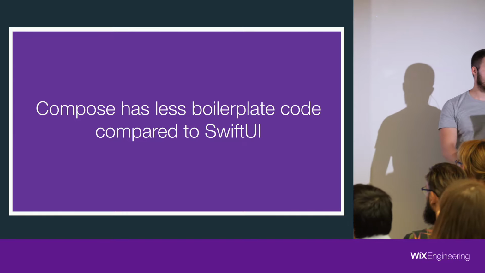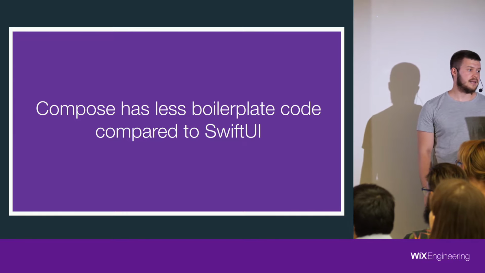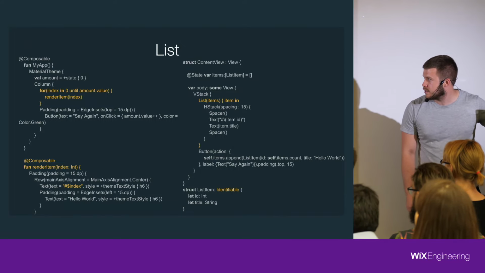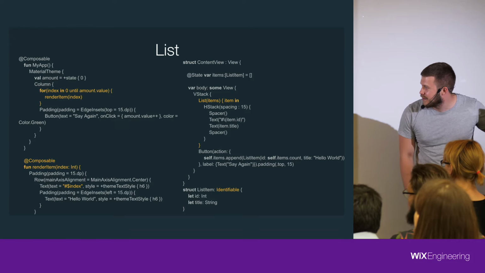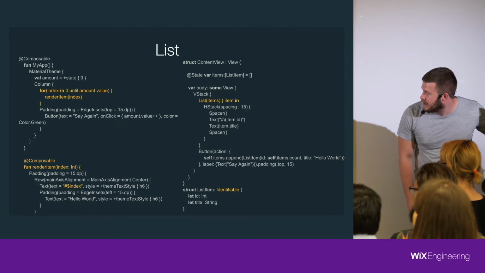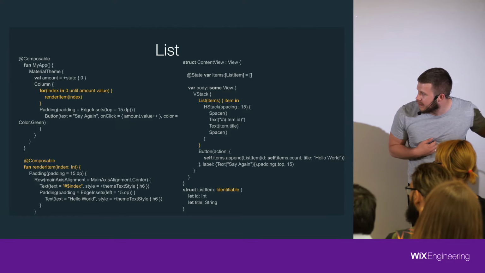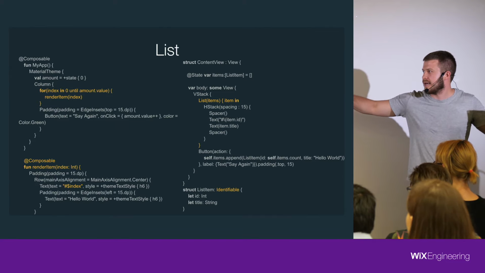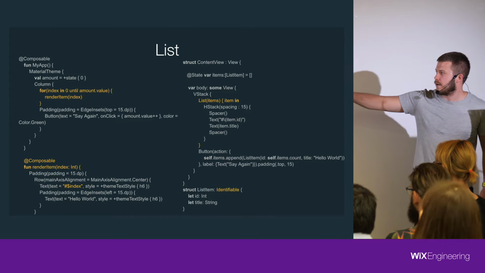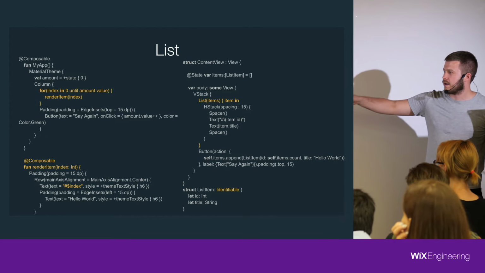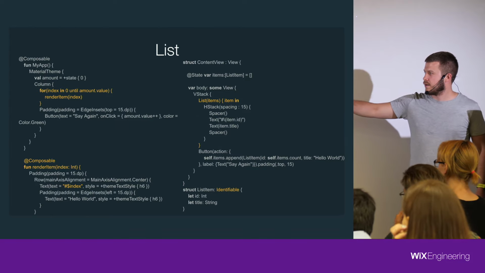As I mentioned, Compose has less boilerplate code. But let's take a look, because I didn't compare where there are more lines of code. Yeah, I think maybe they're the same, because I moved the rendering into another function in Compose, so I cannot compare lines of code here.